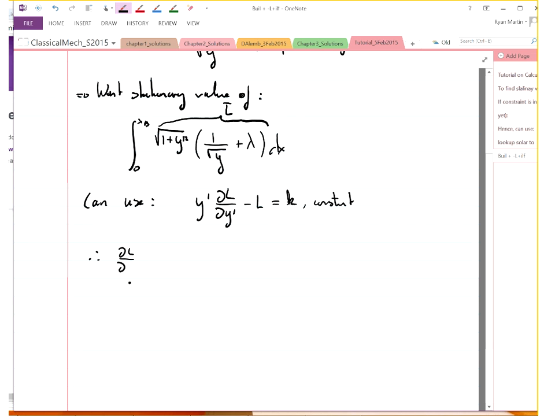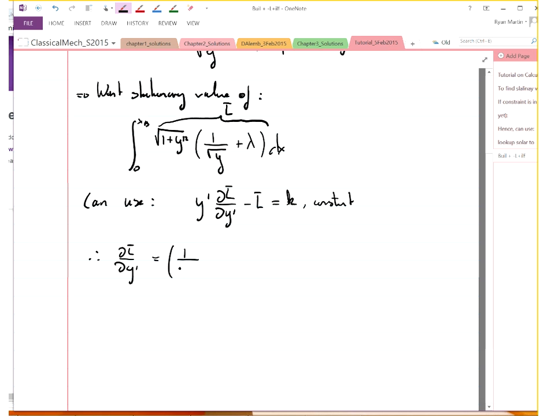So we need again ∂L bar/∂y prime. L bar is the term in parentheses that doesn't have any y primes in it, times the square root, which has the y prime in it.